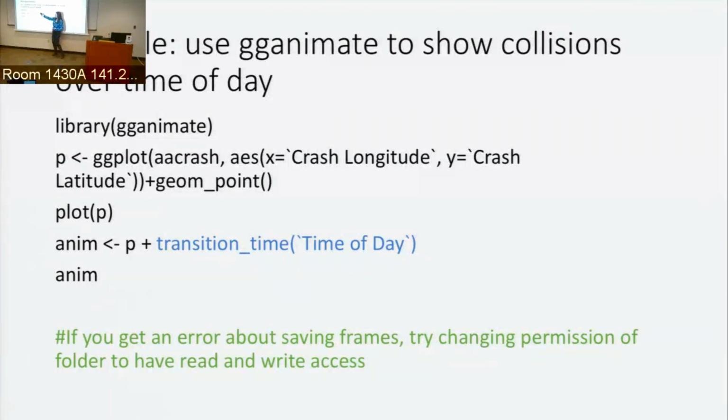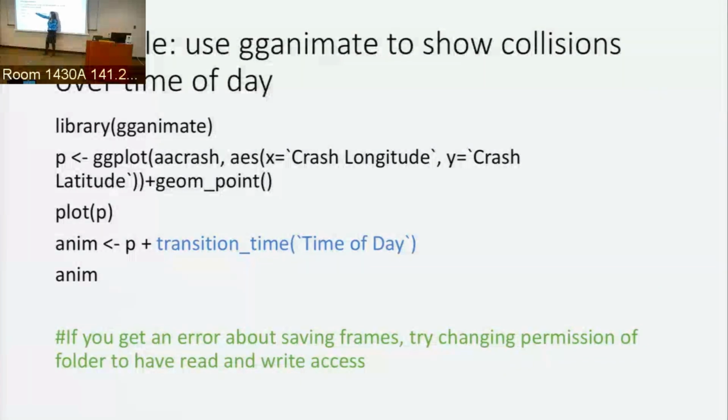We're going to save that as a variable p. And this is to make it easier on us to add this extra layer of the animation. So the difference here is we're actually putting our aesthetics in ggplot directly. So you're calling ggplot, you're giving it the data.